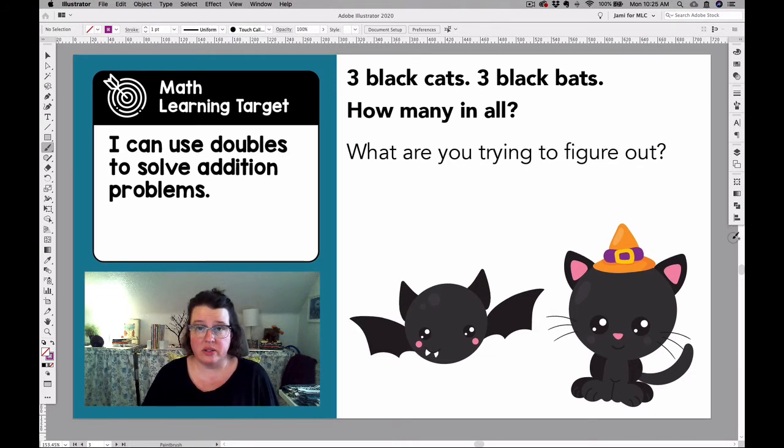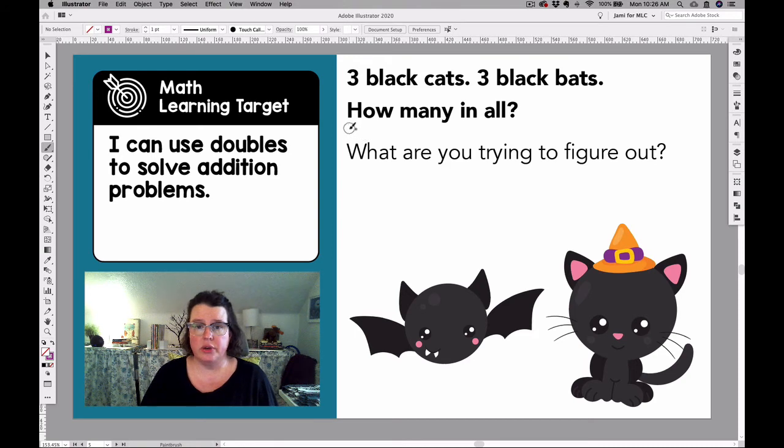What are you trying to figure out? 3 black cats, 3 black bats. How many in all? What I'm trying to figure out is usually a question mark. That usually tells me the question that I'm trying to answer. So I found the question mark.